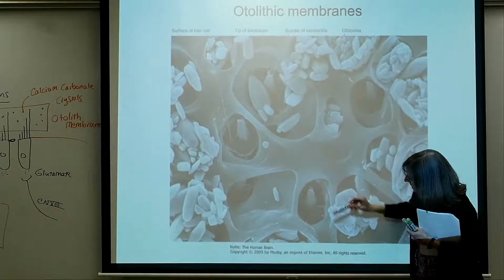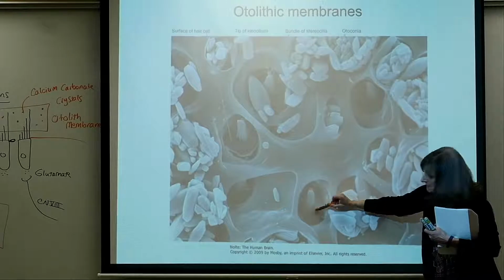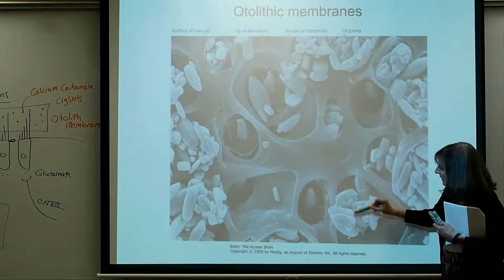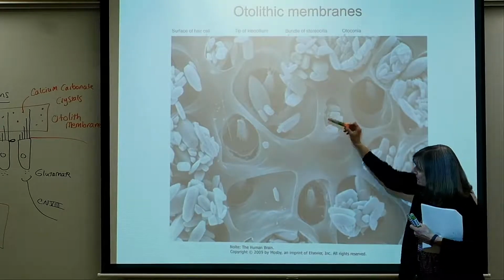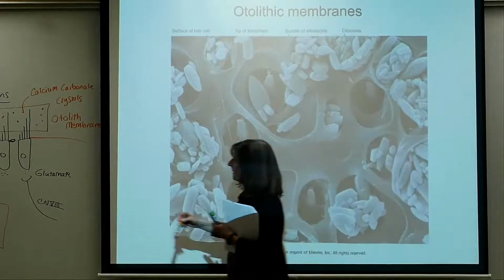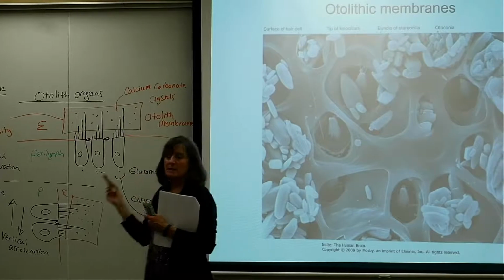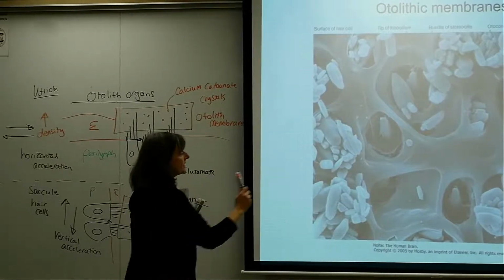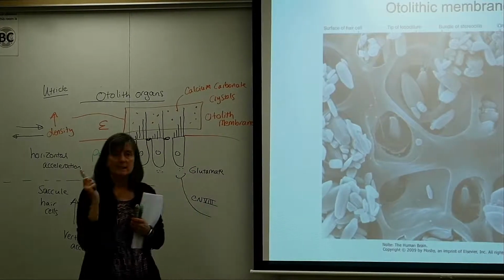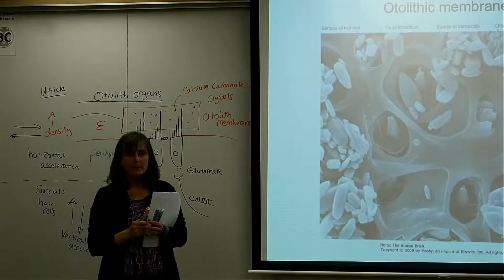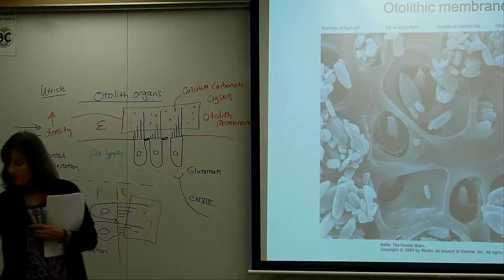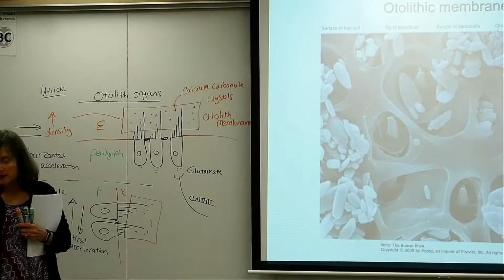So you can see the size of the crystals relative to those hair bundles. Even though they're really very small, relative to the hair bundles, they're quite large. They're again going to increase the density of this membrane, which is going to affect the hair cells when the head is accelerating, and also when the head tilts, because they're going to be more dense than the surrounding endolymph.